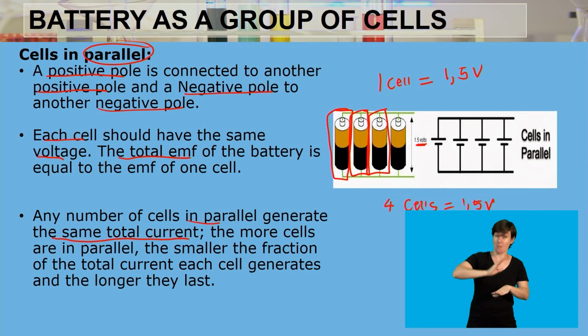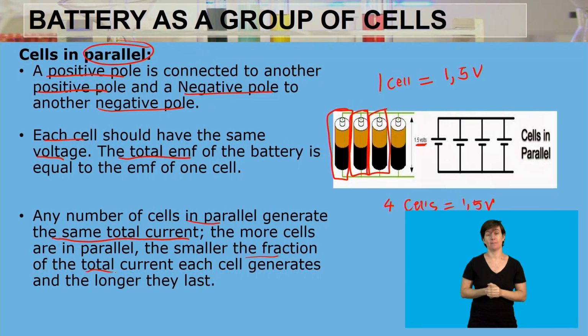So the more cells that are added in parallel, the smaller the fraction of the total current each cell generates, and the longer they last. In series, remember, the more cells we add, the stronger the current that is going to be generated, whereas here in parallel, the more cells we add, the less strength of the current you're going to be generating. By so doing, those cells are going to generate a fraction of the current, and that makes them last longer and longer.